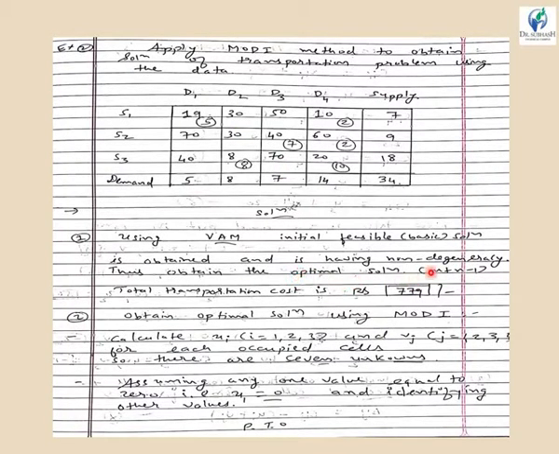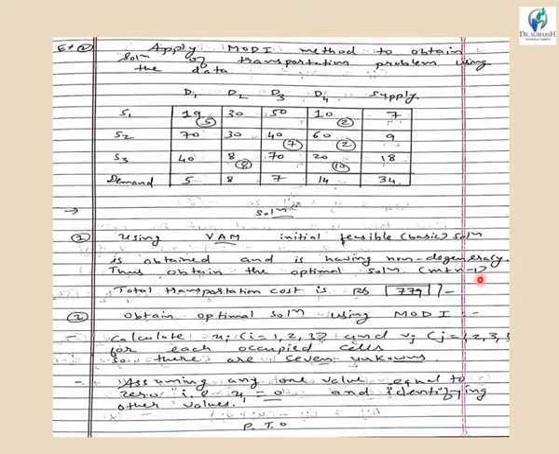To check whether there is degeneracy in the problem or the problem has non-degeneracy, the formula is m plus n minus 1. m is the number of rows and n is the number of columns. So 3 plus 4 minus 1 gives 6 allocations. If the allocation is less than m plus n minus 1, then the problem is said to have degeneracy.